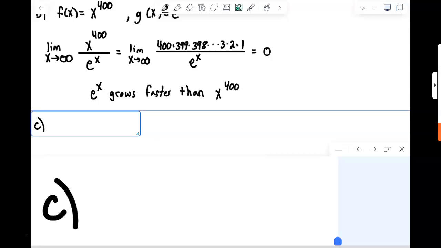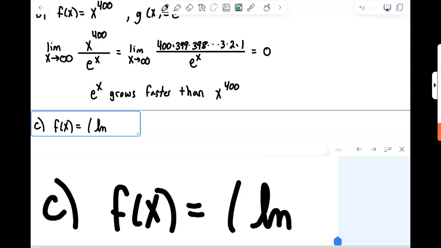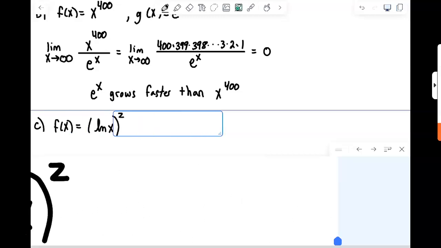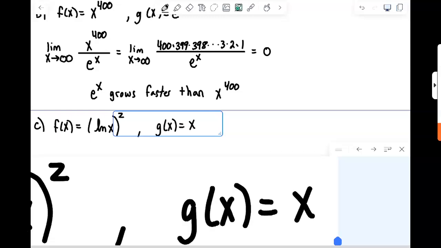Once it gets to be bigger than 1, when you square something, you get a bigger answer. So would the square of the ln be enough to grow faster than a power of x? And we're just going to do a simple power of x here, just x to the 1st.